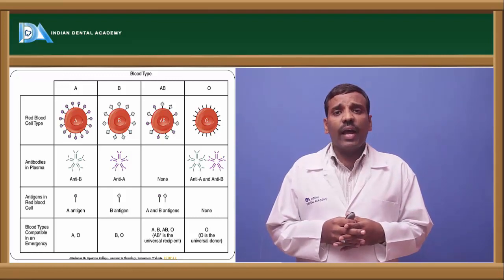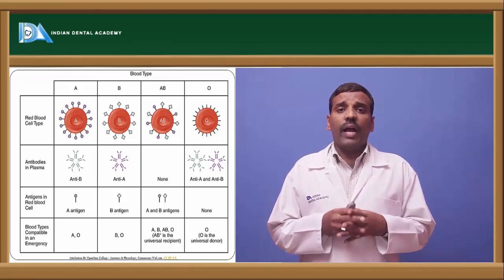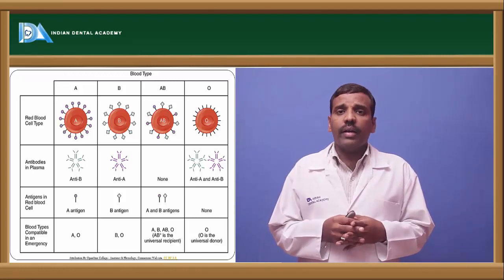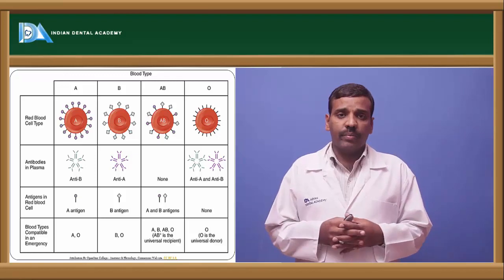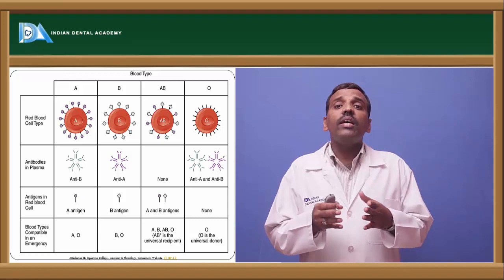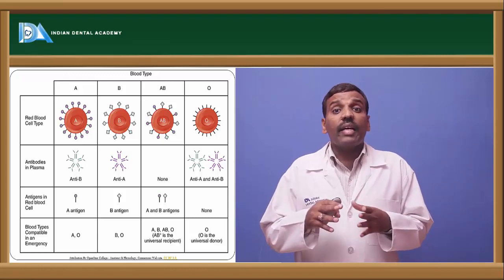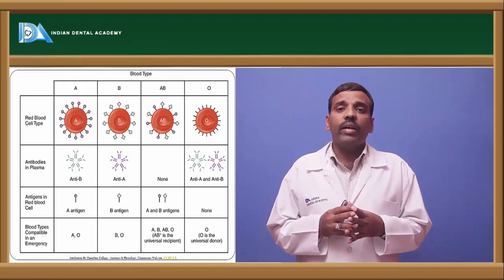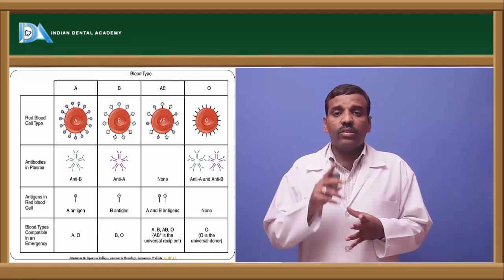There are two types of antigens and two types of antibodies. Antigens are A and B, and antibodies are A and B. According to the Landsteiner laws, if the A type of antigen is present, the A type of antibody must be absent. That is law 1.